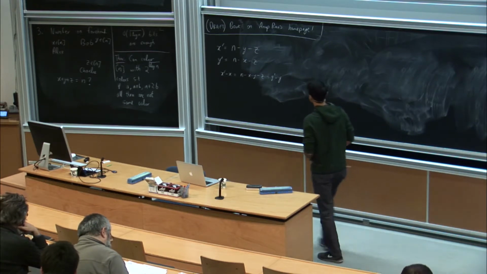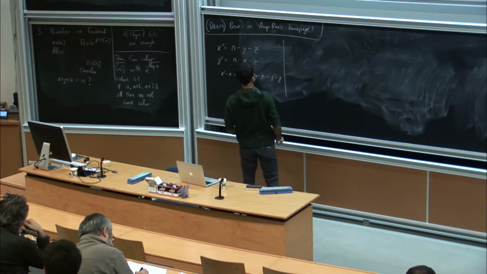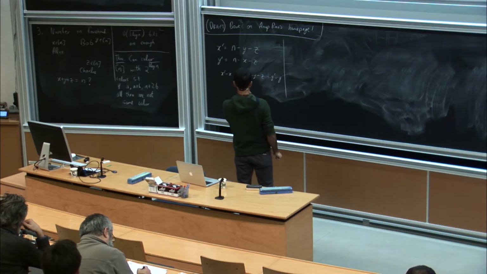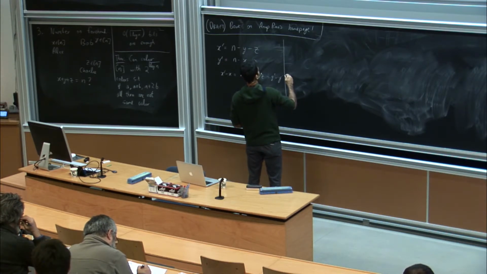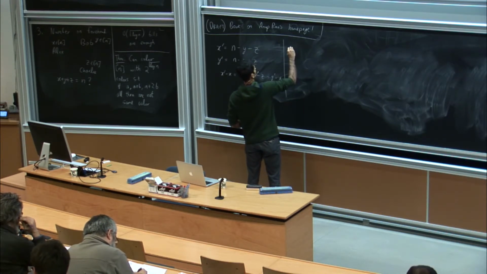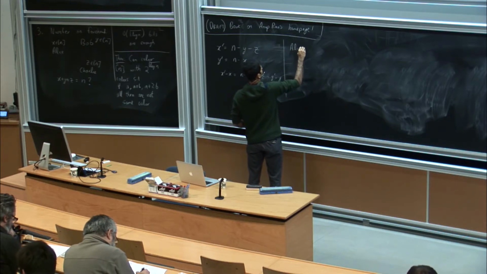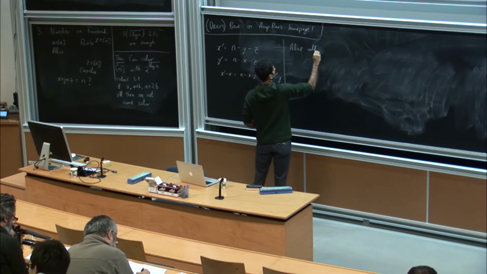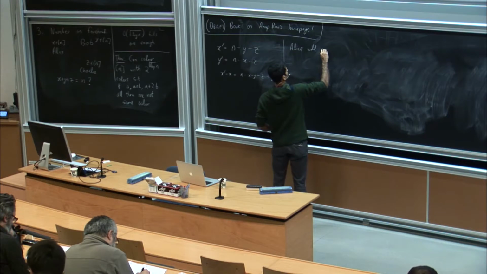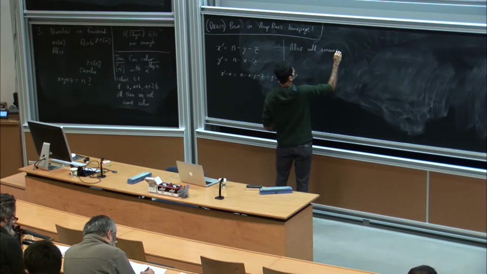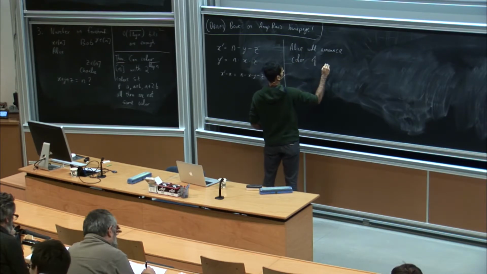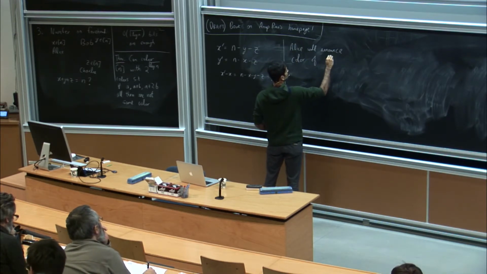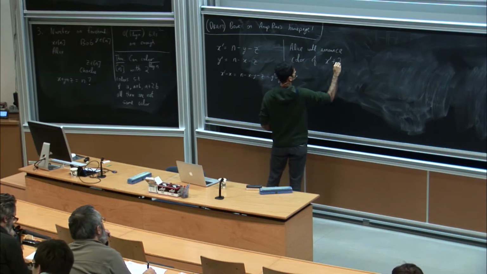So here's what they will do. Alice can compute x prime, so Alice will announce the color of x prime plus 2y.